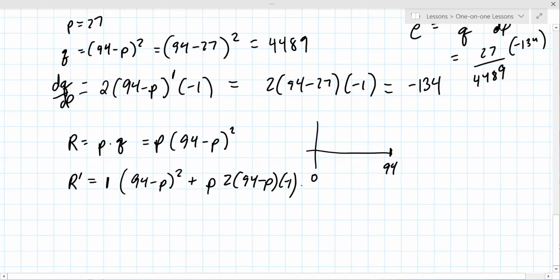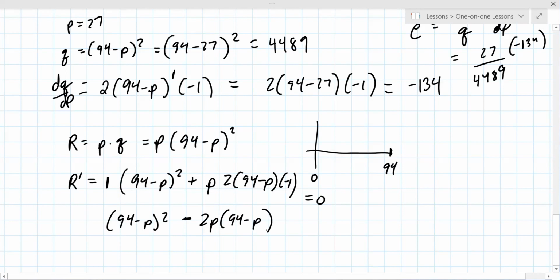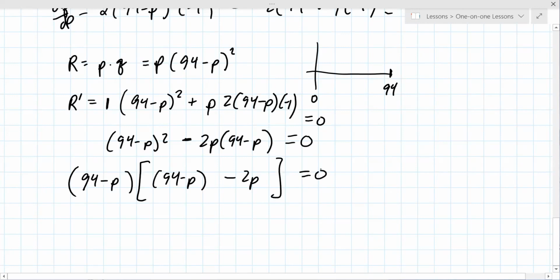Okay, so we're setting this equal to 0. This is 94 minus P squared, actually it's minus 2P times 94 minus P, and we're setting that equal to 0. So you can factor out a 94 minus P on both, and then you've got one remaining here, so there's a 94 minus P there, minus 2P equal to 0.